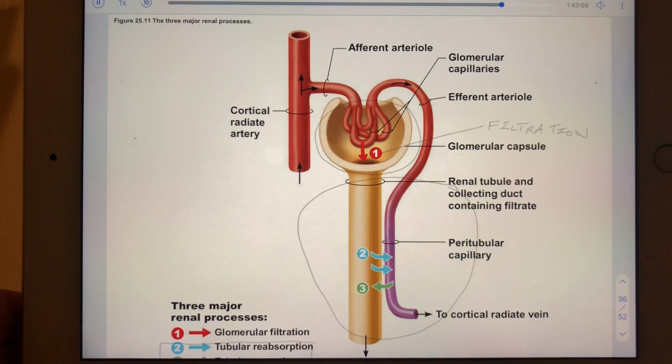The illustrators so simplified this that we really can't even see the layers of the capsule. We can see some loops making up a glomerulus, right? And we already know that what happens here is filtration, whereas what happens here is both absorption and secretion, okay? Next slide.